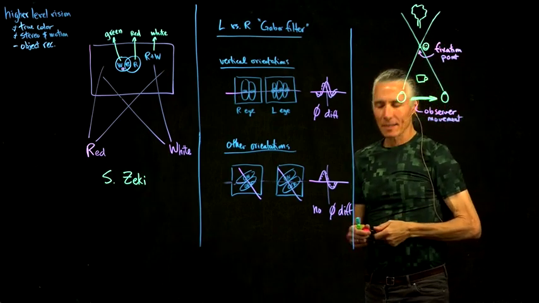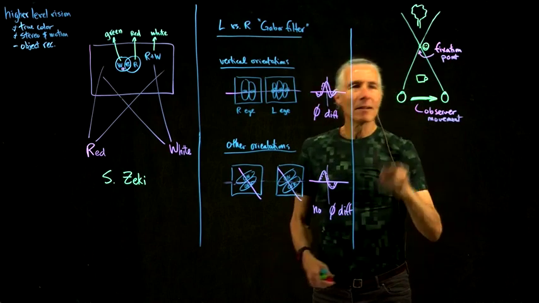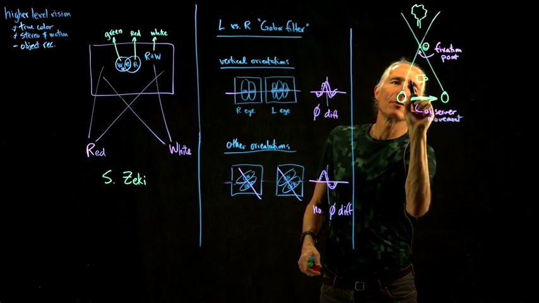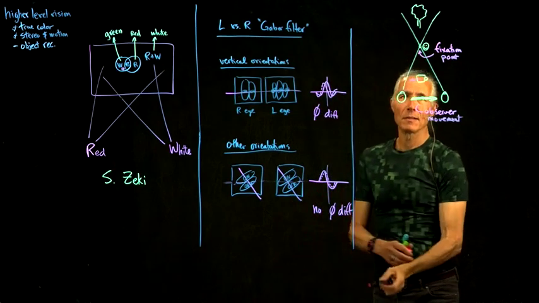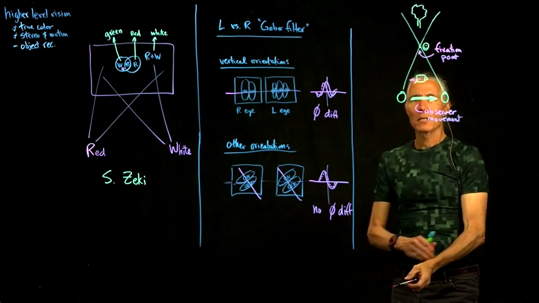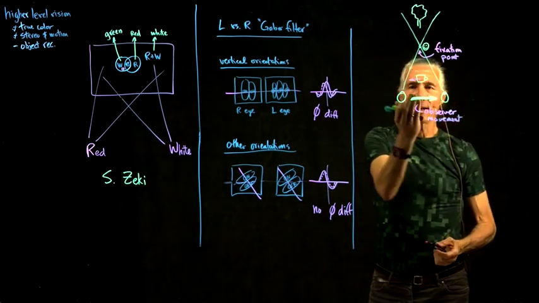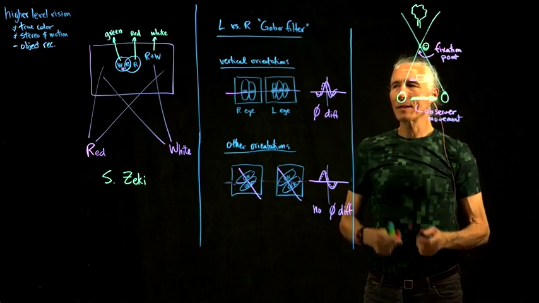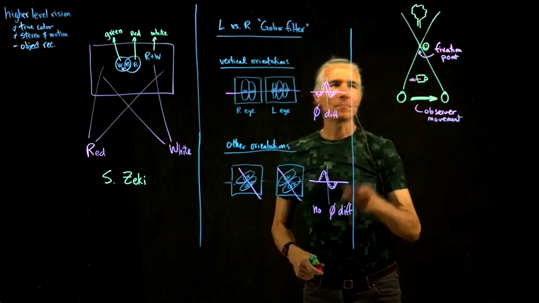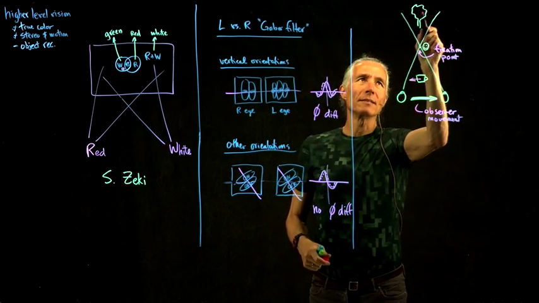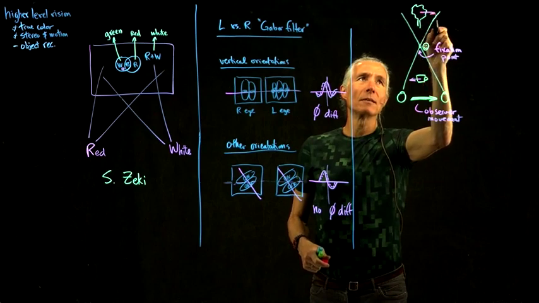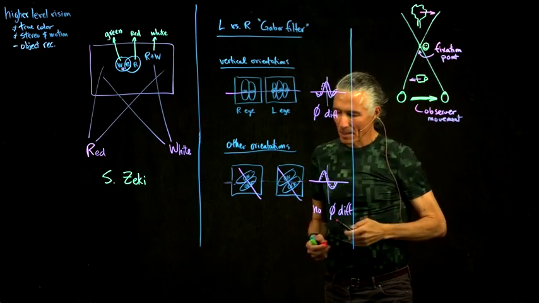What's going to happen is the cup will appear to move this way on the retina. Because I move the retina this way, the cup goes the opposite direction on the retina. But what will happen to the tree? The tree will go this way.